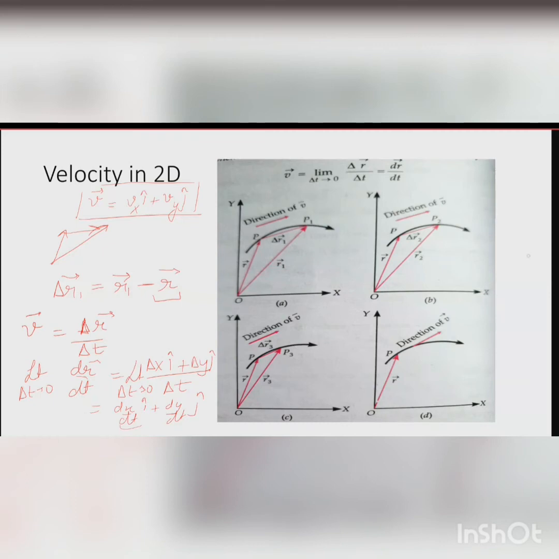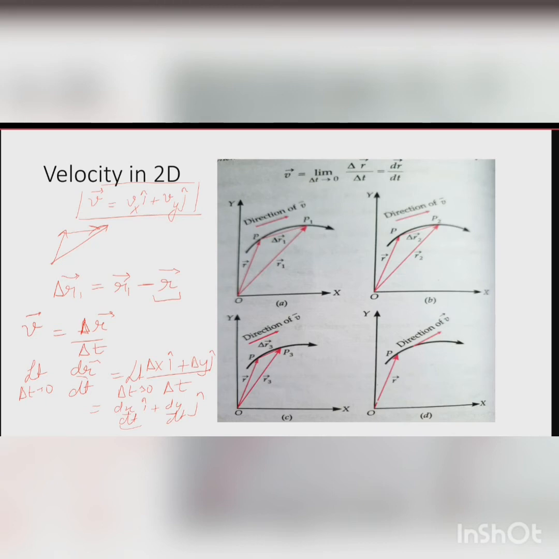Now it is no longer along the velocity vector because we are looking at change in velocity. So the acceleration vector is never going to be in the same direction as the velocity vector. Velocity vector will always be along the displacement vector, but acceleration vector will never be along the velocity vector. In a nutshell, you have to remember this.